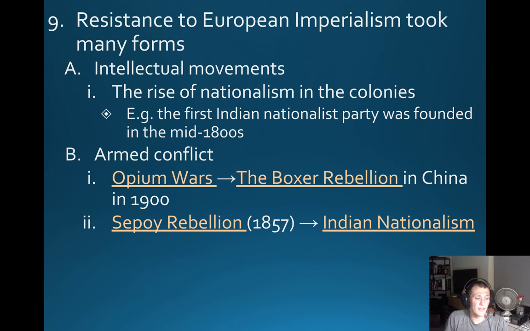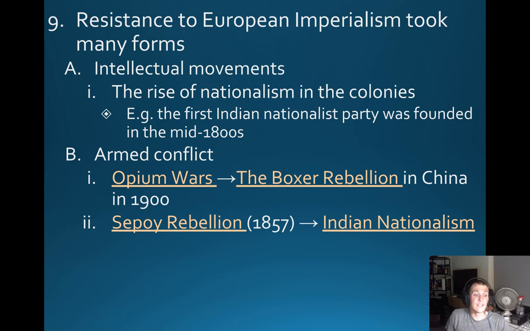So anyway, things you need to recall and remember, right? There's always going to be resistance to these Europeans. You're going to have resistance to European imperialism in these particular areas, right? And in some cases, you're going to get intellectual movements, and you're going to get a rise of nationalism in the colonies, where they're prideful in their own countries, I should really say, right?